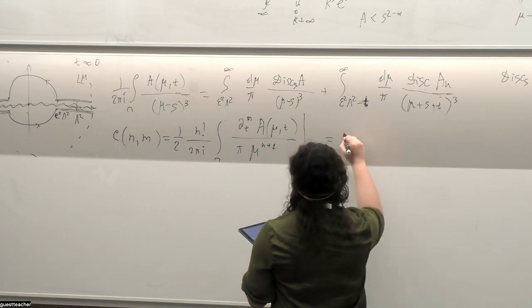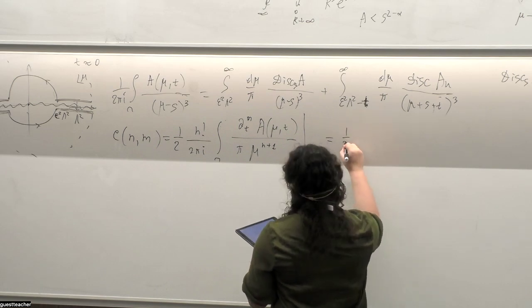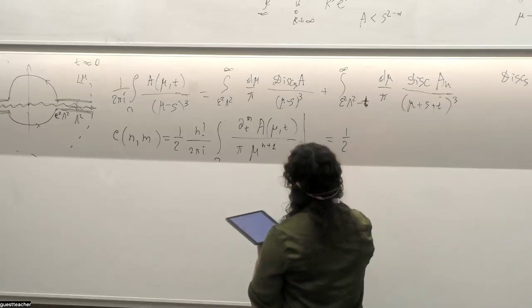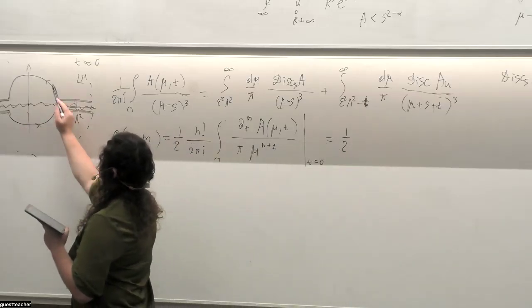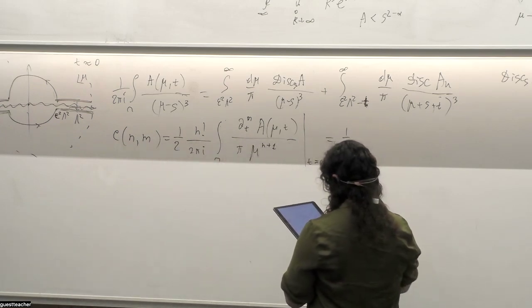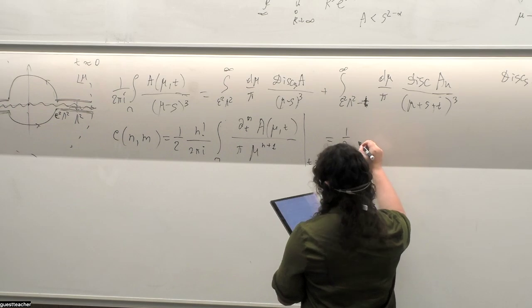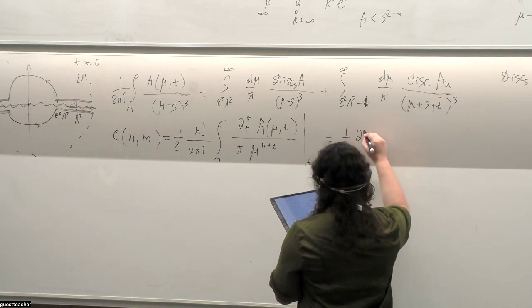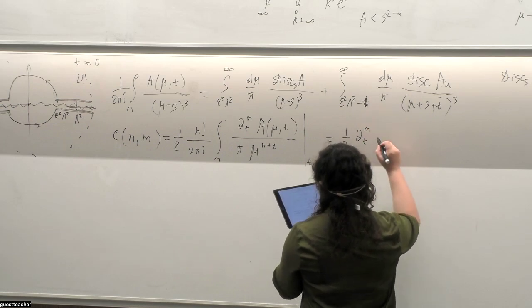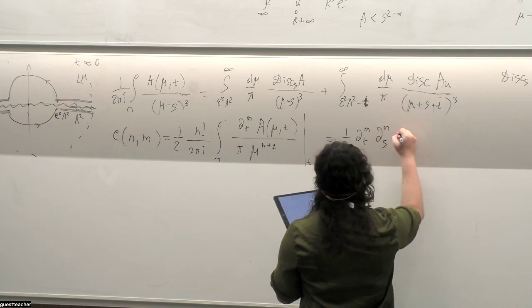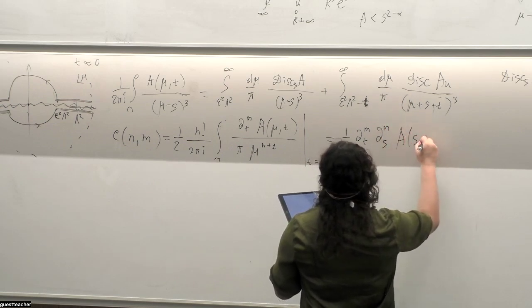In a theory which doesn't have any additional poles, if we have only the branch cut and analyticity here, this will correspond to one half of the derivative with respect to t taken m times and the derivative with respect to s taken n times of A of s and t.